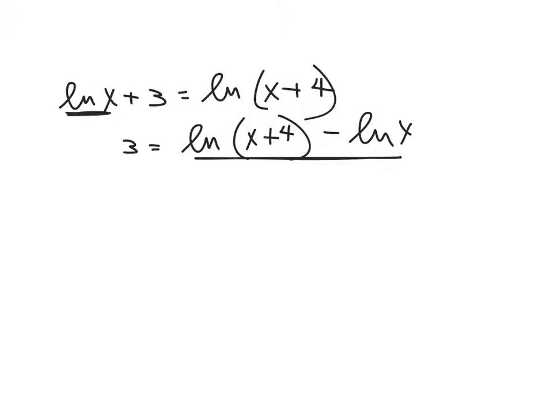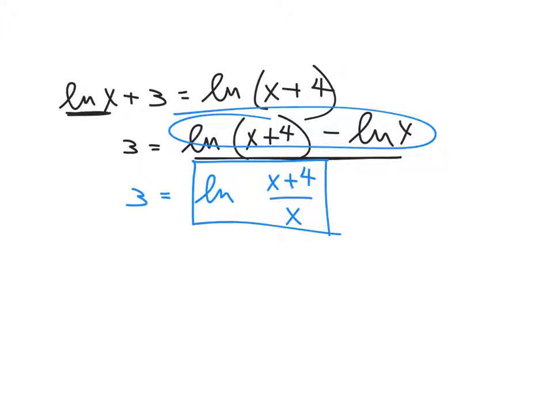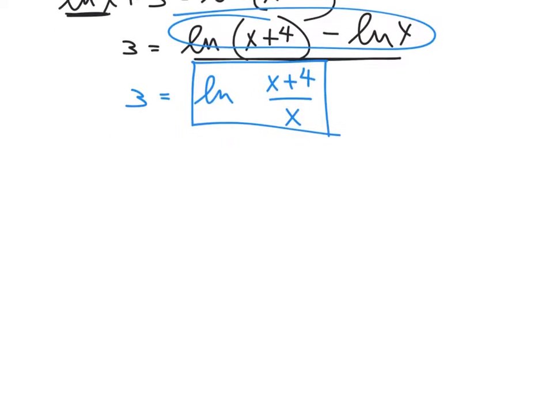Because I have a minus here, my quotient property of logarithms says that I can rewrite this as ln of x plus 4 over x. And the nice thing about doing that is it changed it from 2 logs to 1 log. So that makes it easier to work with. That's my goal, to get it to be 1 logarithm, because once I get it to 1 logarithm, I can change it to exponential form.